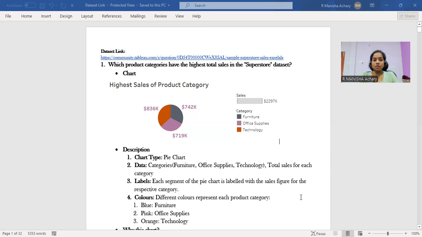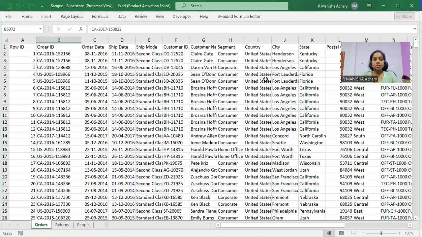Let's first see what the Superstar dataset actually looks like. This is the Superstar dataset.